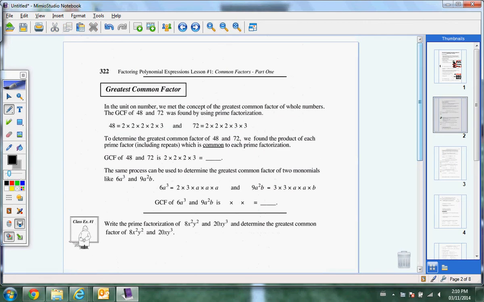All right, so greatest common factors. In the unit on numbers, we met the concept of the greatest common factor of whole numbers. Remember GCF. So the GCF of 48 and 72, we would break down and figure out what that was. Well, their greatest common factor, the biggest number.